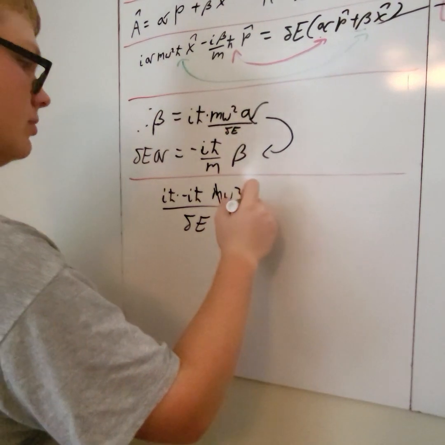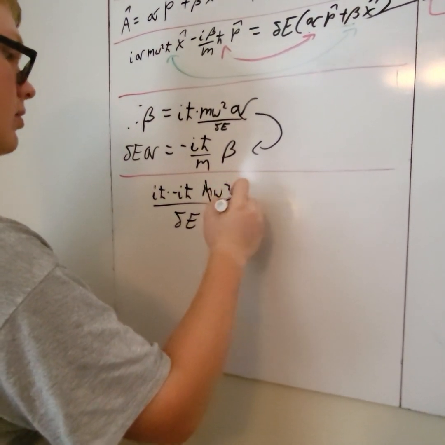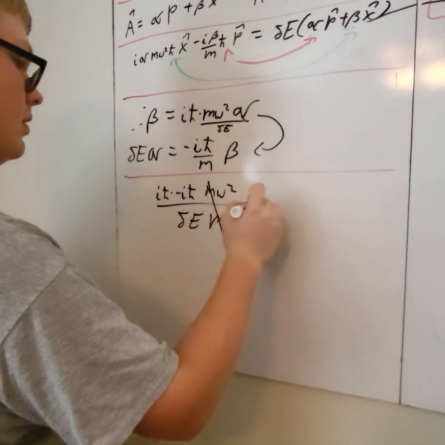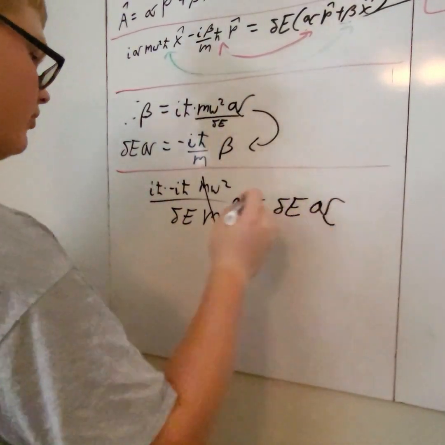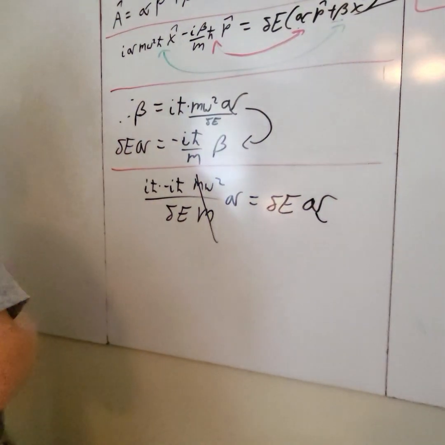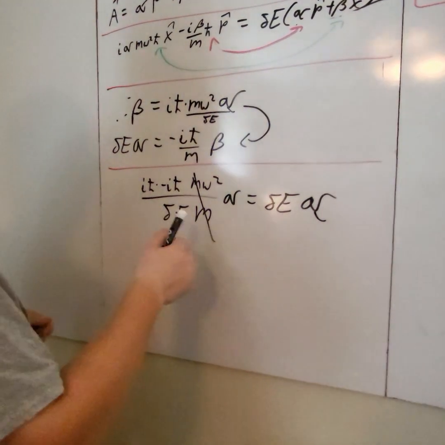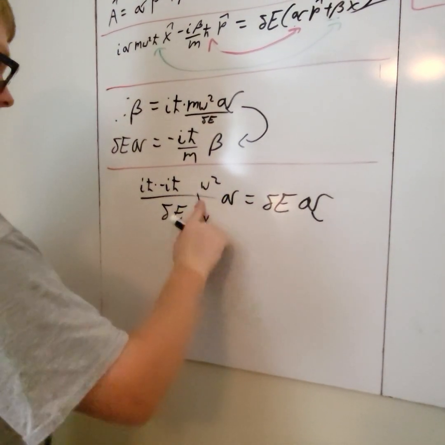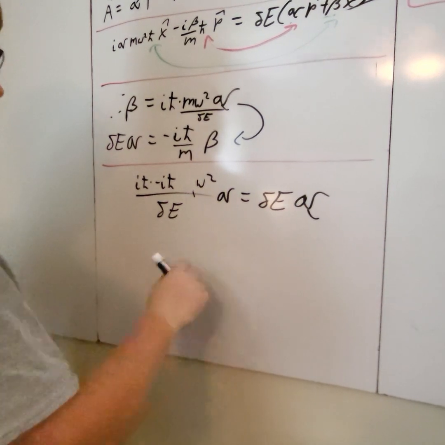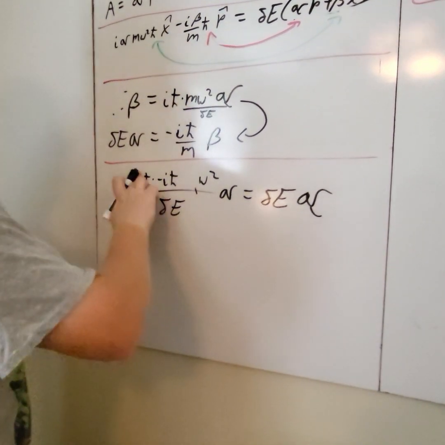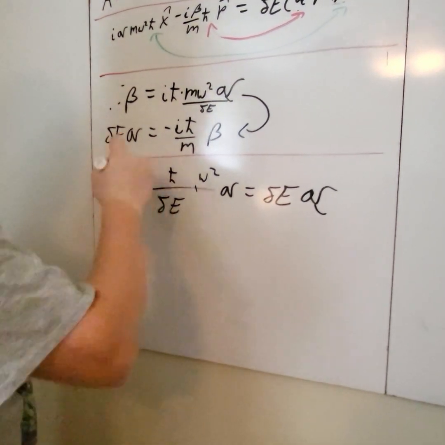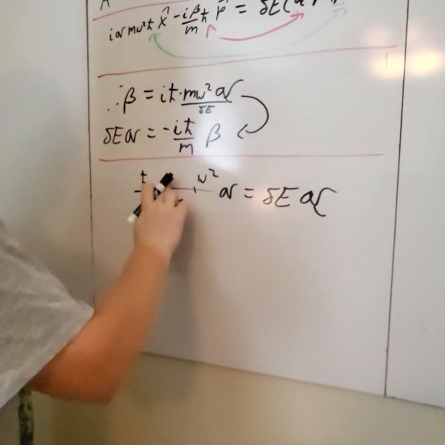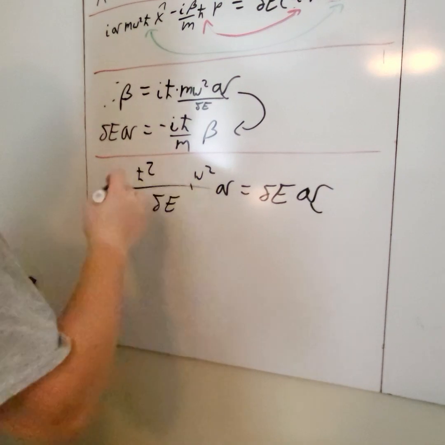The m's cancel. This equals delta E times alpha, and i times negative i is just 1, so that's h bar squared.